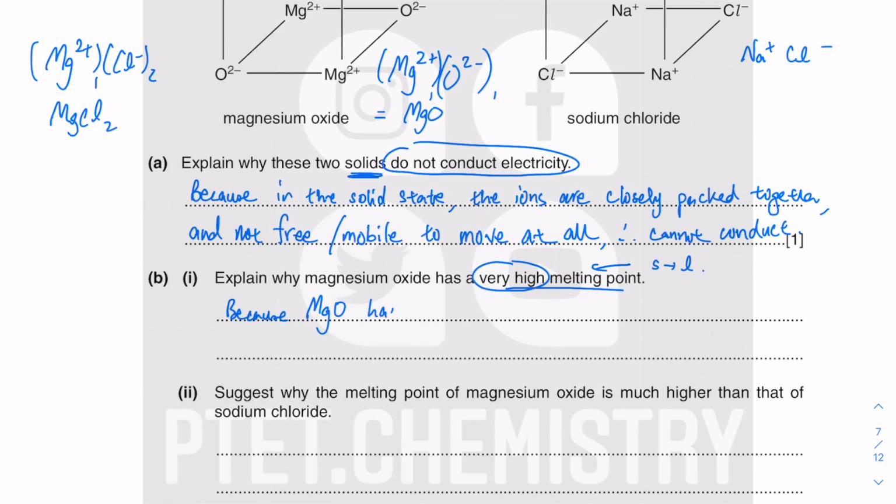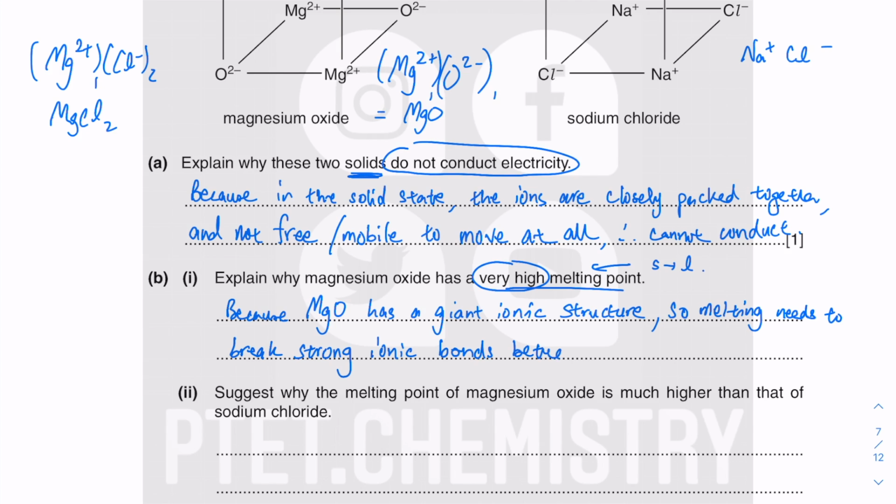MgO has a giant ionic structure. We always start from what is the structure. Okay, so the structure of this ionic compound is a giant ionic structure. So melting, what are you breaking? The change is melting, so melting needs to break, what are you breaking? You're breaking strong, in fact very strong ionic bonds between what and what?